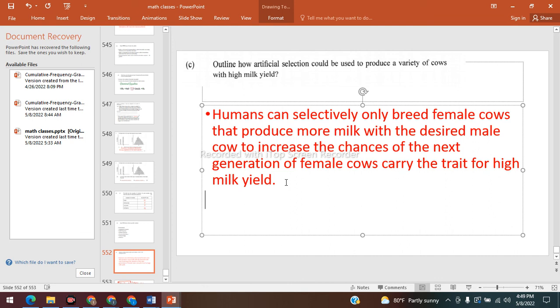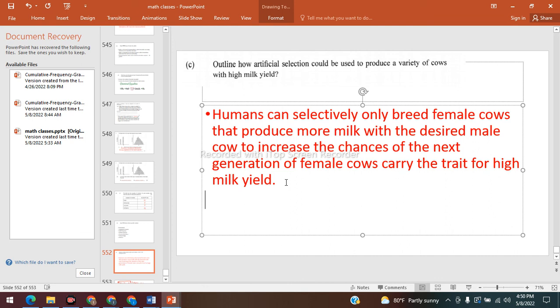How can we get cows with high milk yield? What we could do is only breed with the cows that have high milk yield, and the cows that don't have high milk yield, we don't bother with them. That's how a person can naturally force nature into only producing those with high milk yield.